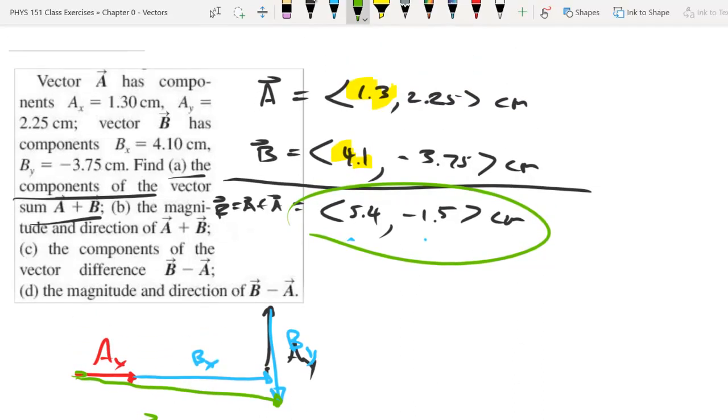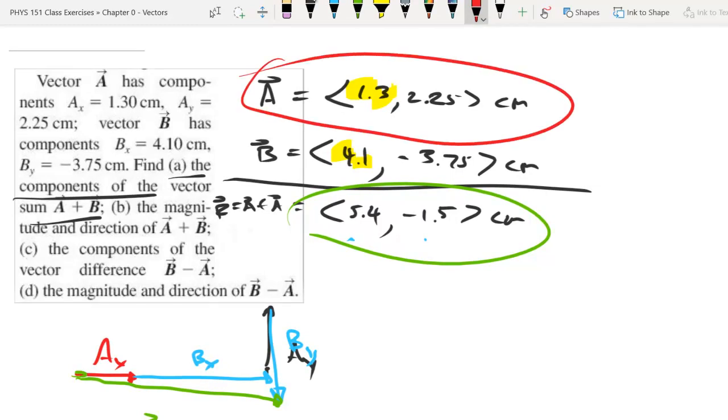Now vector A and vector B were both given to us in component form, like this. If they weren't, and we needed to add them together, there would be a step before this. If vector A was defined with some magnitude, let's say the magnitude of vector A might be like 2.7 centimeters, and the angle here is maybe 75 degrees, that's a guesstimate, so don't take that.